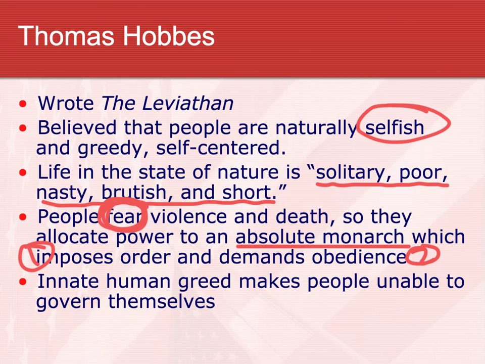The people don't have the right to question the authority of a king, because a strong king makes for a strong country, and you've got to let them do that. People are simply unable to govern themselves, and that's why we need this sort of thing. So he's big on kings because people are bad.